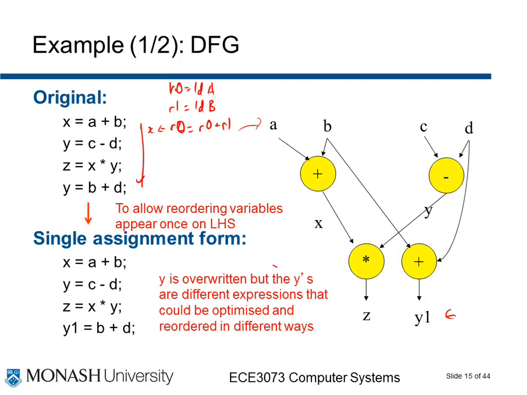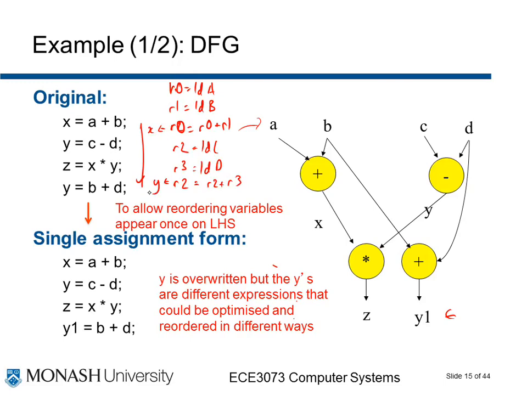Okay, carrying on. Y is equal to C minus D. So R2, because I still need B, is equal to load C. R3 is equal to load D. And then I can say R2 is equal to R2 plus R3.